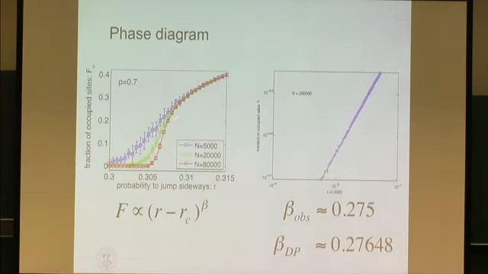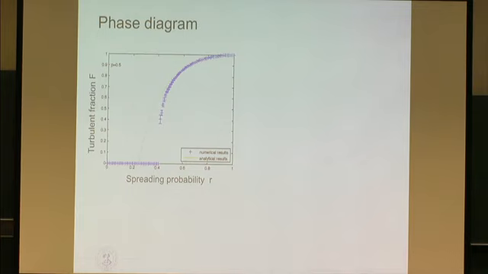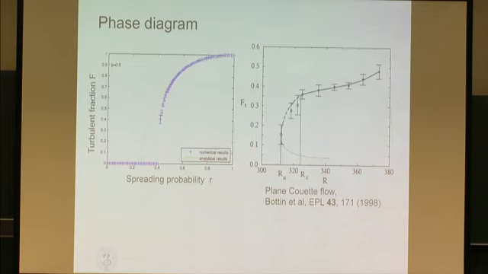You can assign critical exponents, and you can compare to what experimental results would be. The prediction of the theory is this second-order transition here, and this is what the experiments had so far.